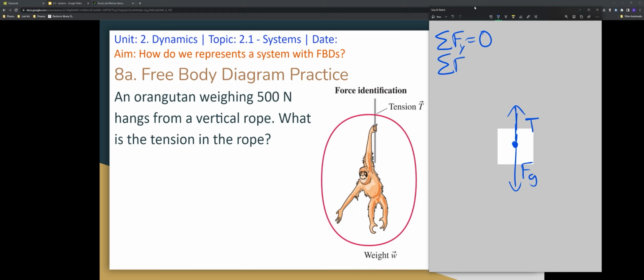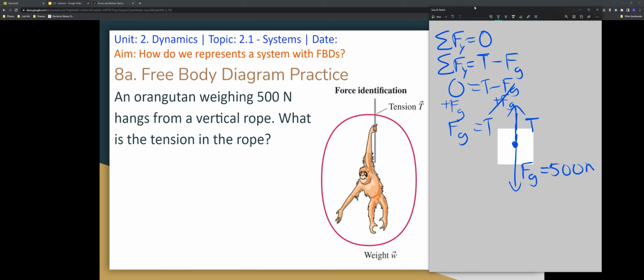And if we look at all my forces in the y direction, well, it's T, because I have a tension force upward, and I have the force of gravity acting downward. So we have 0 is equal to T minus Fg. If we add Fg to both sides, we get that Fg is equal to T. And we know what Fg is.